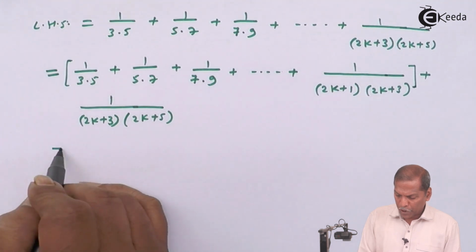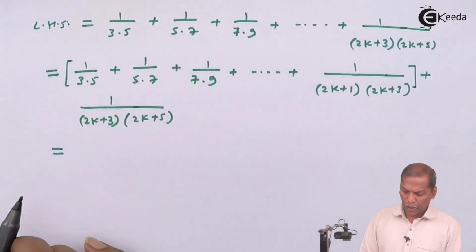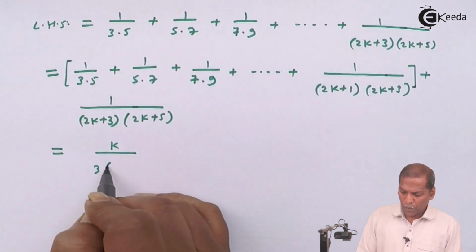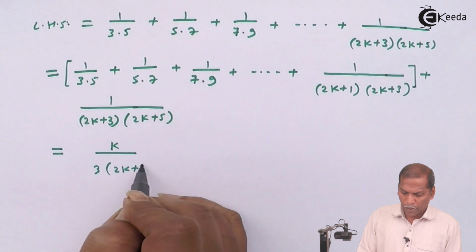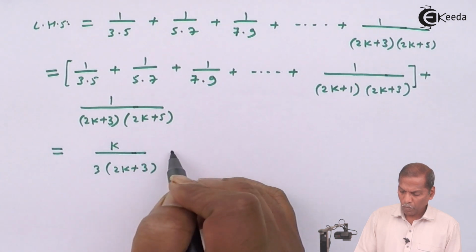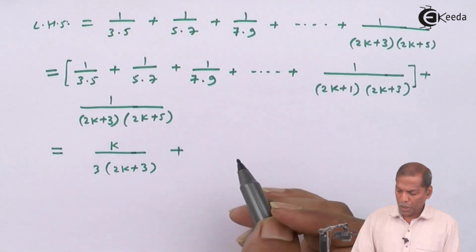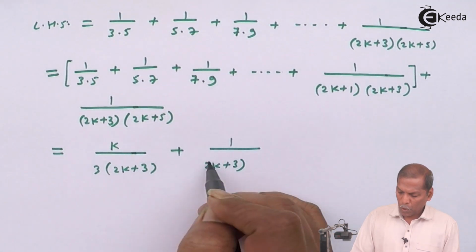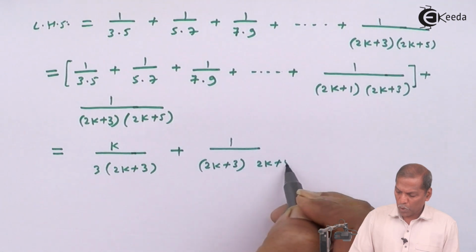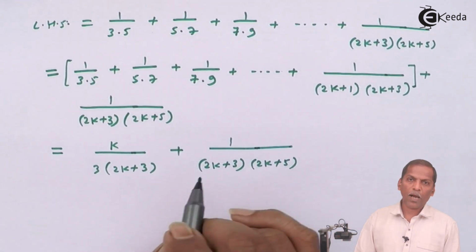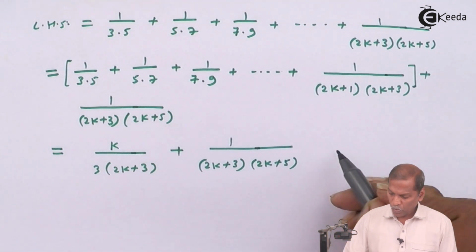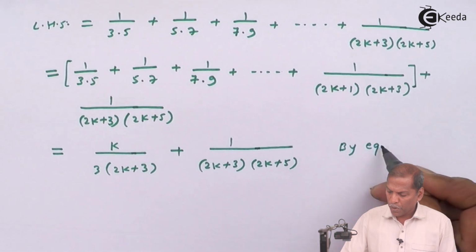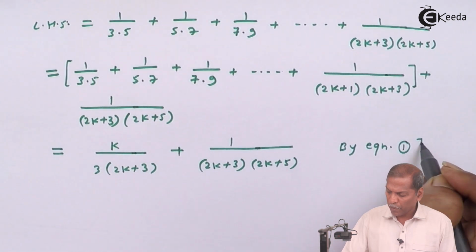By using equation 1, for that bracket we replace k upon 3(2k plus 3), and plus we write 1 upon (2k plus 3)(2k plus 5) as it is. Here we have to mention: by using equation 1.